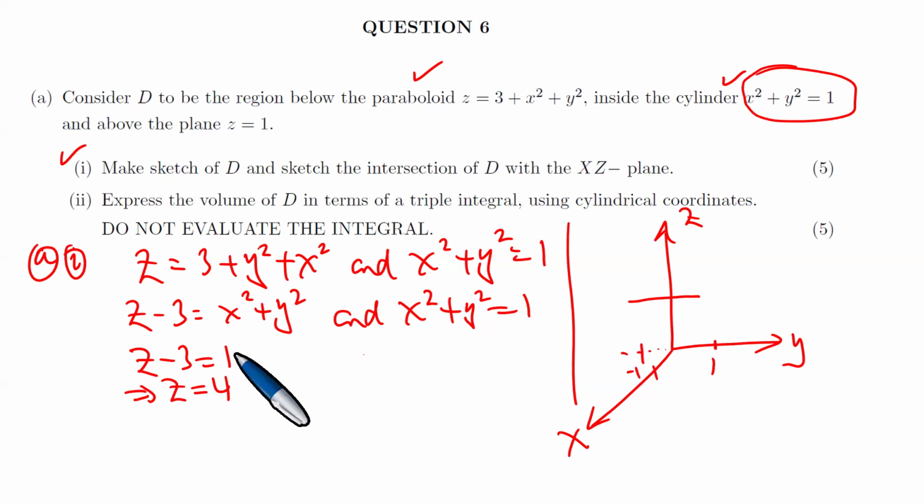And then there's z equals 1, and then there's also z equals 4. Okay, 1, 4. And this is the case. We have that. And then this one is 3.